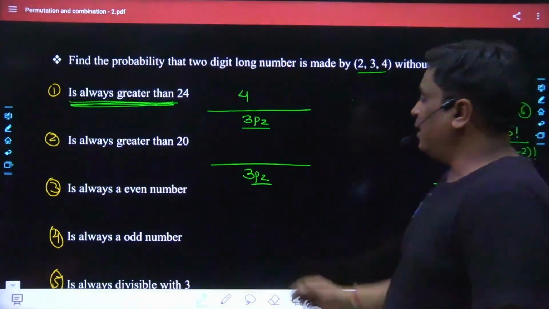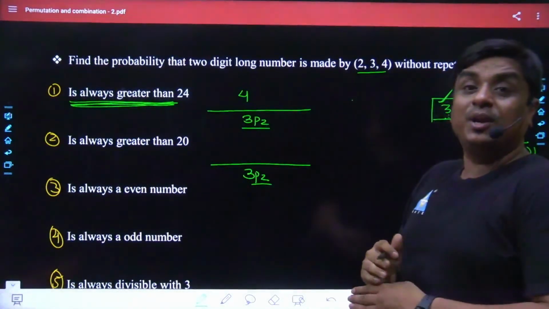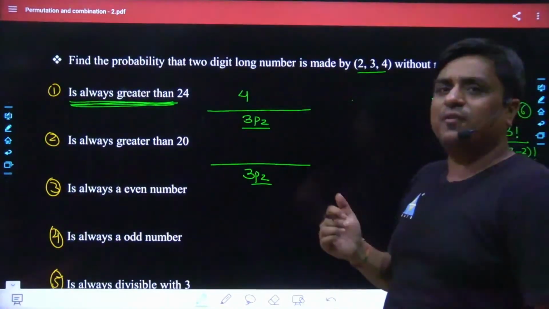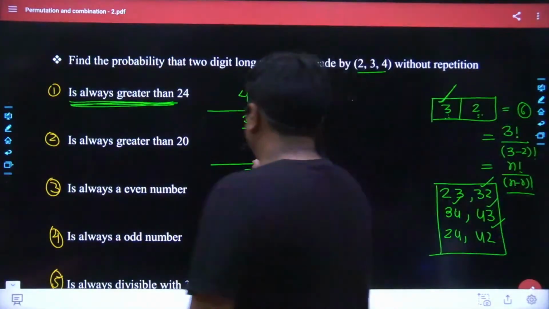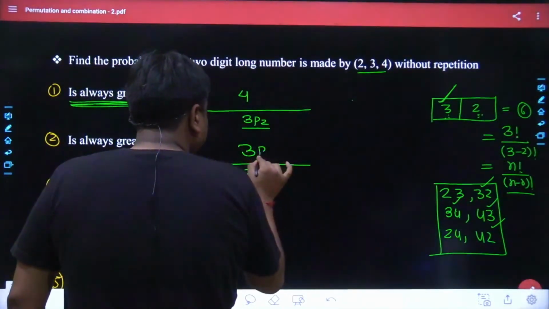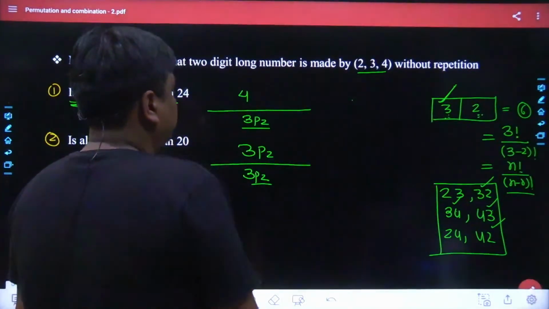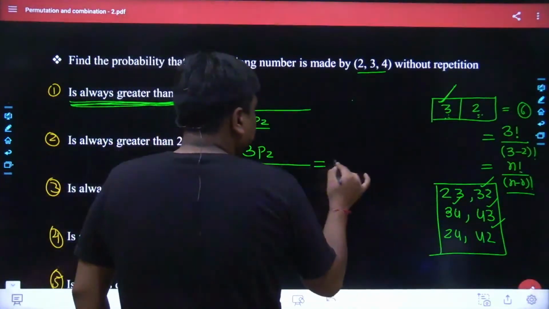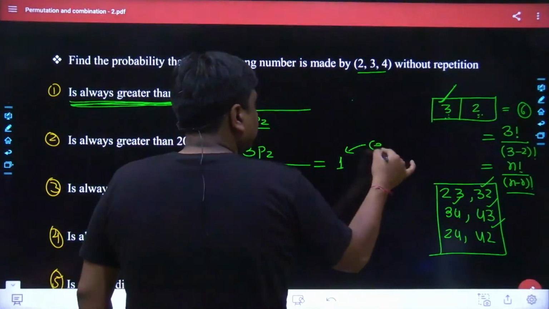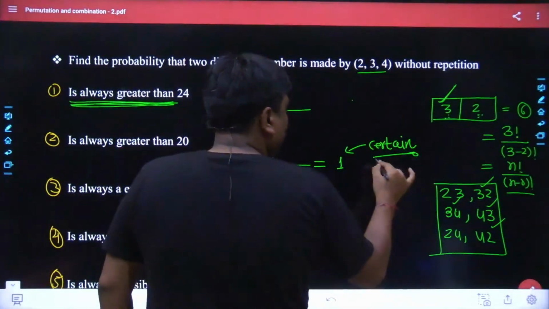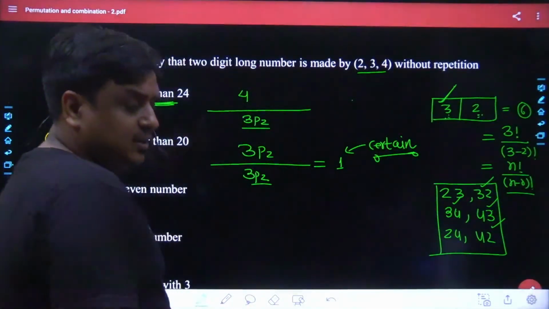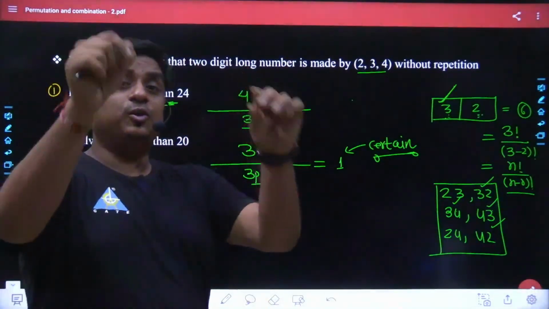And here they were talking about a situation: in how many different ways can a number be framed whose value is greater than 20. So obviously here also all of the numbers are going to be greater than 20, and it is a certain event. It is a special kind of probability where the occurrence of the event is certain, that is going to happen at any cost.